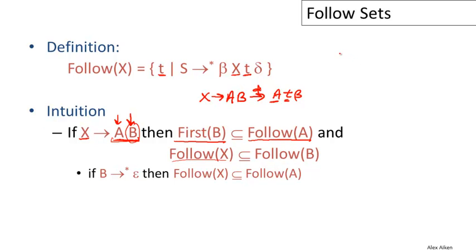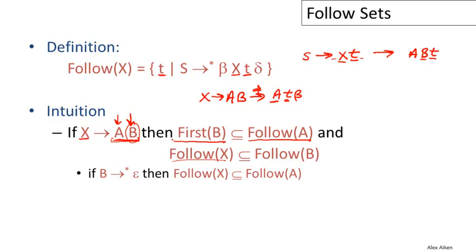Let's say that we have a derivation from the start symbol, and we wind up with X followed by T. There can be other stuff around the X and the T, but let's ignore that for the moment. Let's just focus on the XT. Then we can use this production, X goes to AB, and in one step we can get to ABT. And now we see that T was in the follow of X, and also T is in the follow of B as a result. So anything that's in the follow of X will also be in the follow of B.